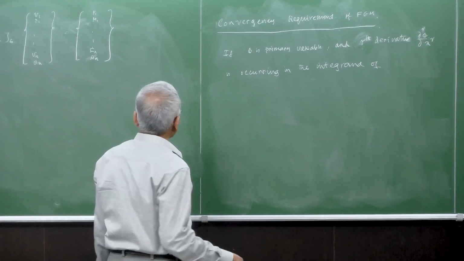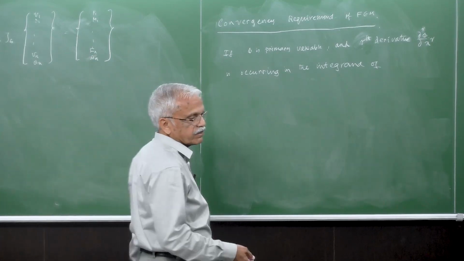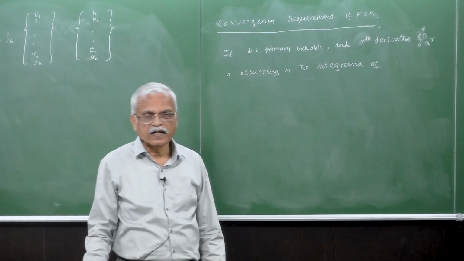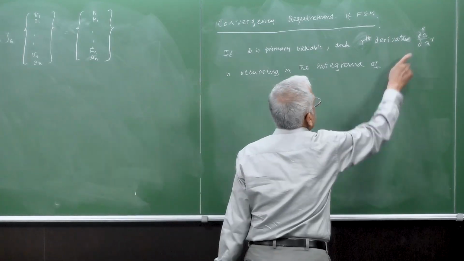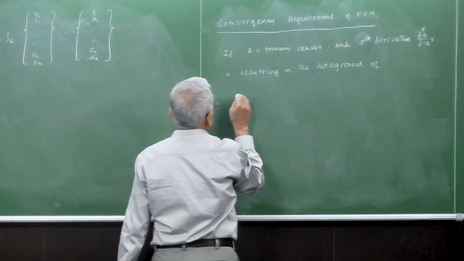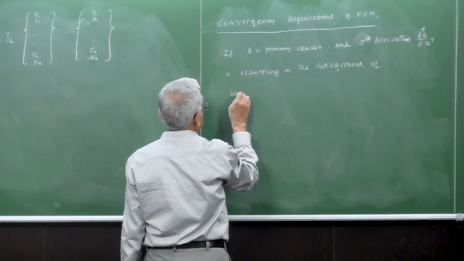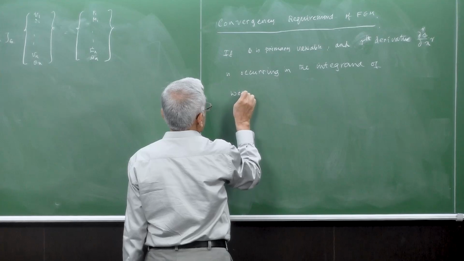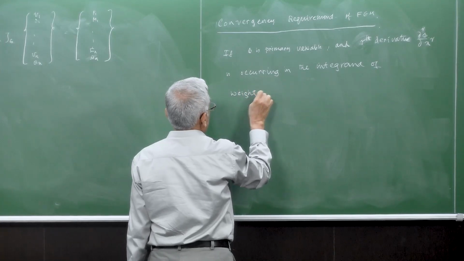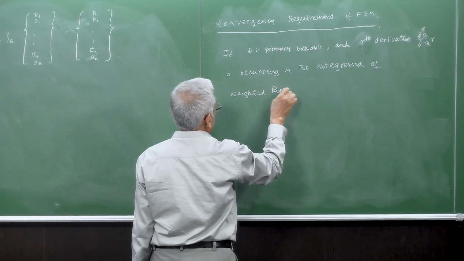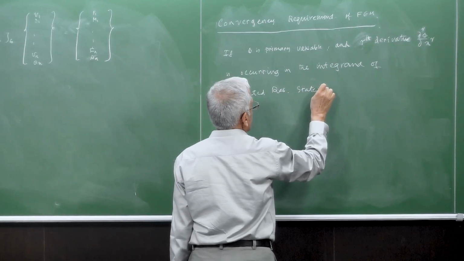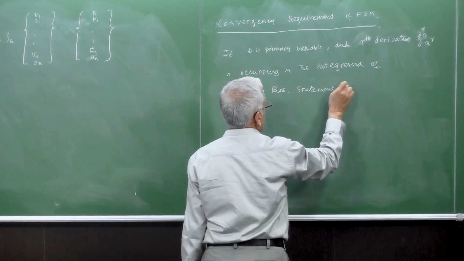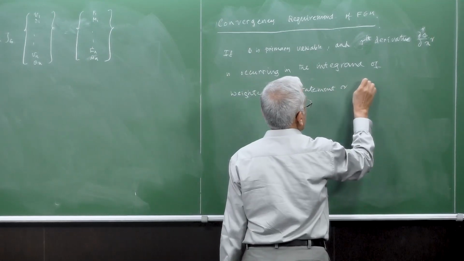So in the functional there is an integrand, and that integrand has the rth derivative of phi. It can be a weak form or a functional.